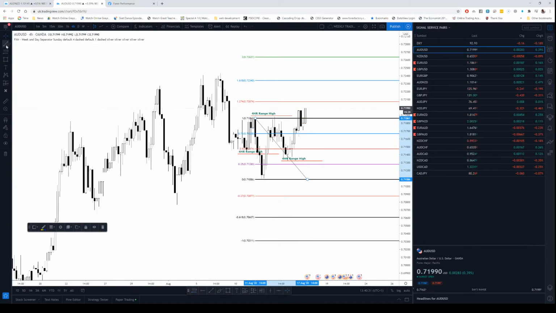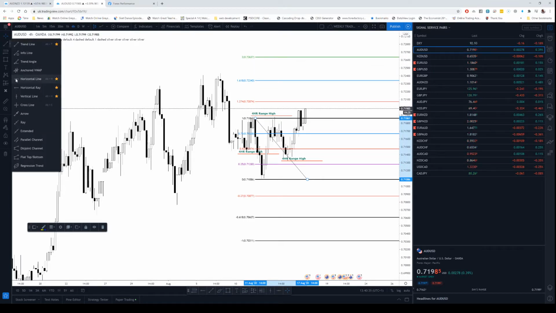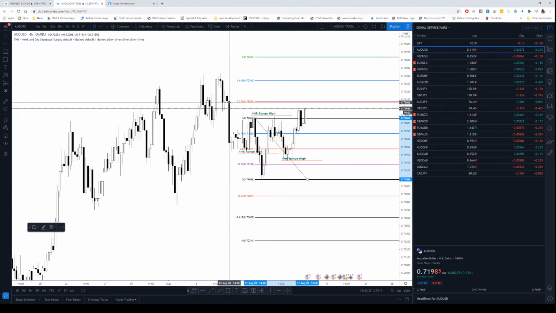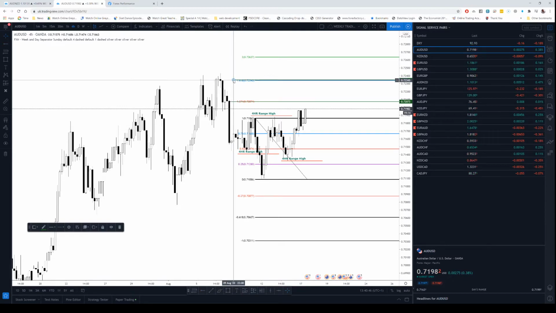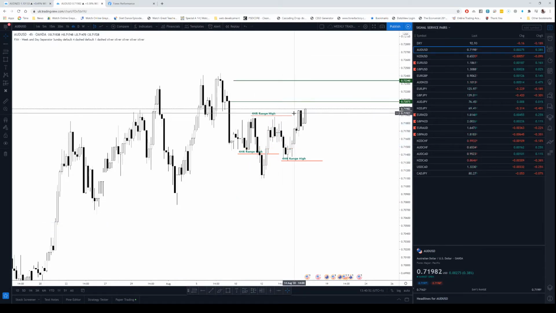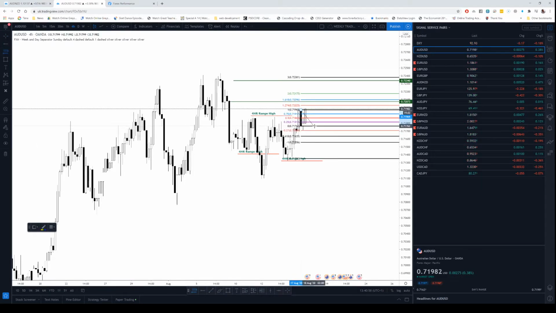For now, I'll say these two levels are probable, but today's Monday, so I don't want to do anything on it. These levels are probable. Let's measure these ones as well.